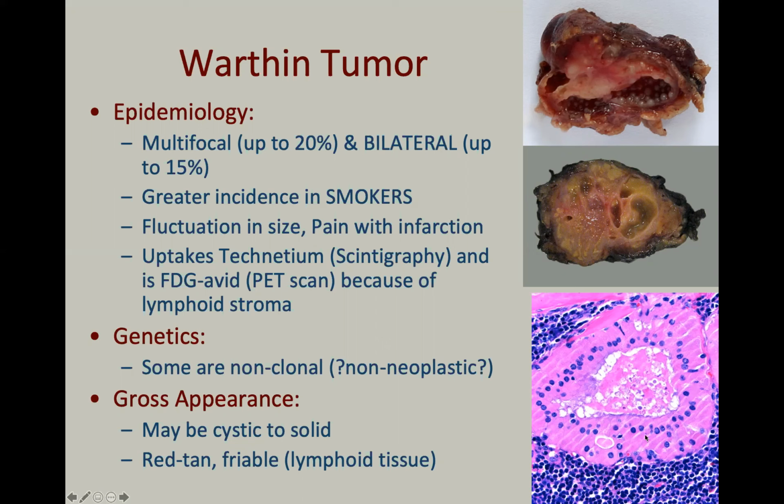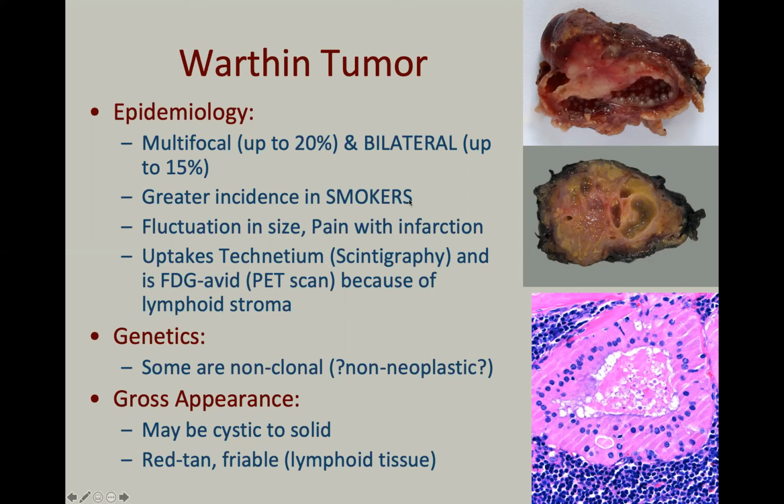So, mostly we pick these up because patients are getting a PET scan for some other cancer, lung cancer, colon cancer, and something pops up in their parotid, right? And a lot of these patients are also smokers. And so they may just end up with a Wharton tumor in the parotid. All right.